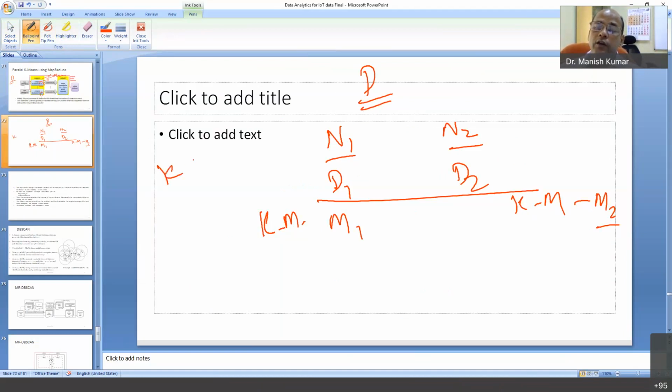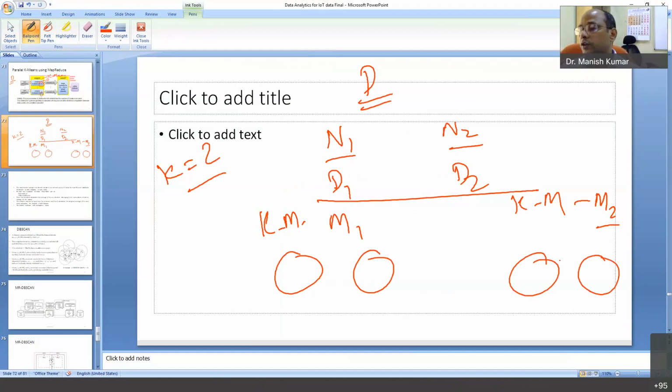Now if k equals 2, then this will be generated. The reason is, if you randomly pick means for two classes, say R and S, then these two will be R and S, and all the data will be mapped to these two.